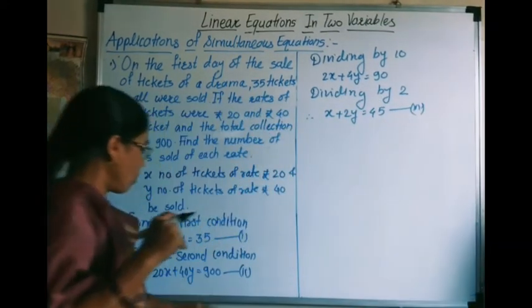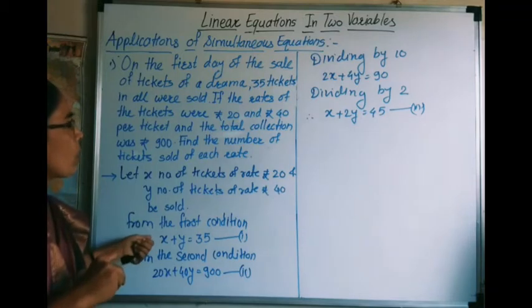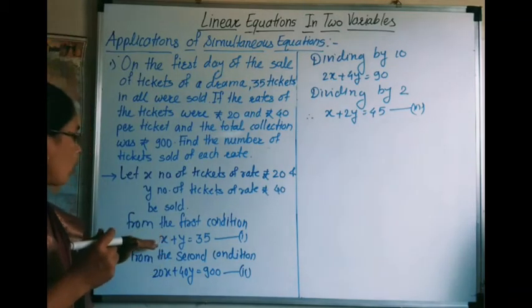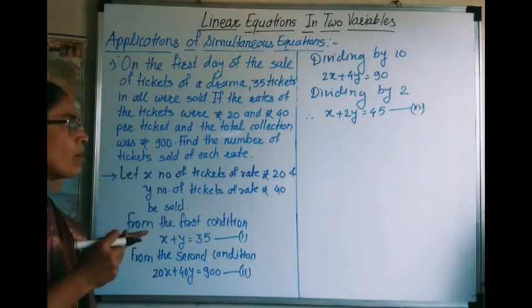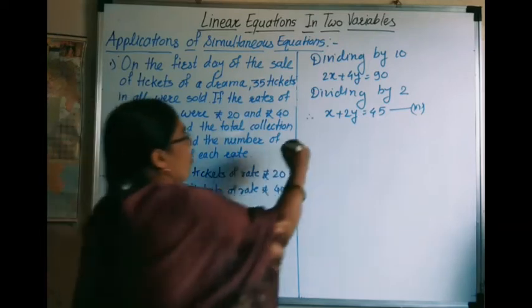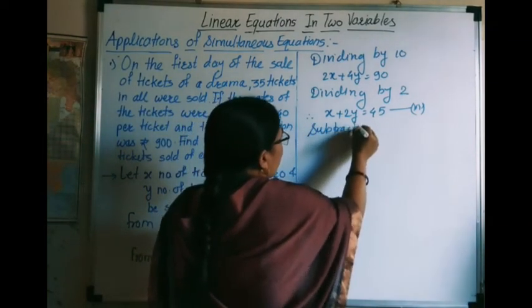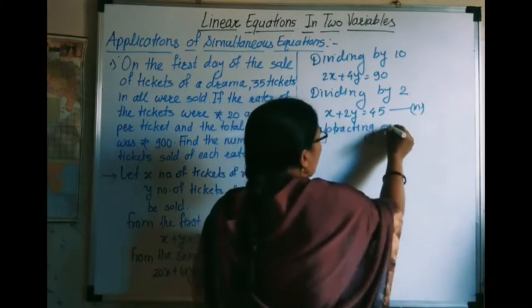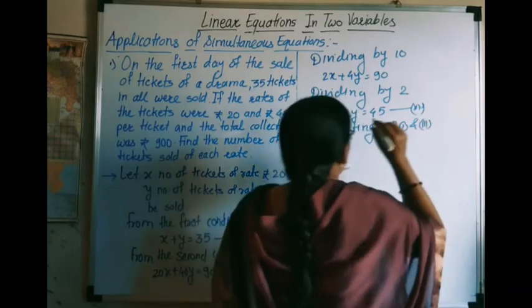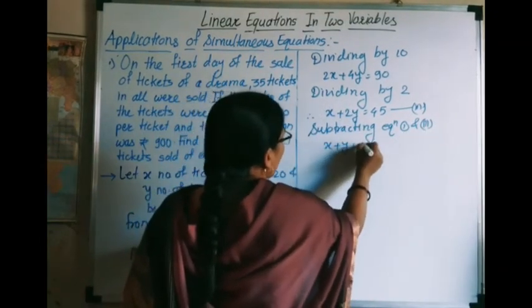Now see here in equation 1 and equation number 3, the coefficients of the x term are the same. So we can easily eliminate the x term. The coefficient of x is the same with the same sign, and when the signs are the same, then we have to subtract. Therefore, subtracting equation 1 and 3, we get x plus y is equal to 35.